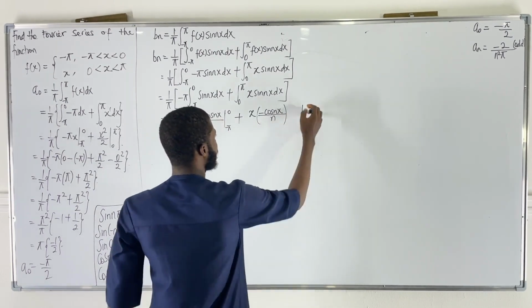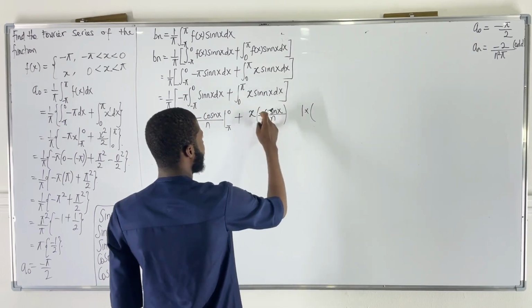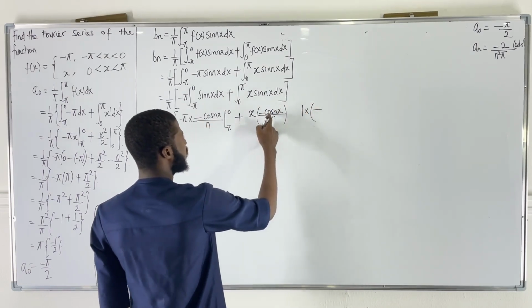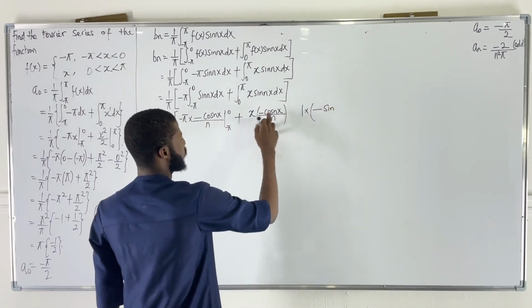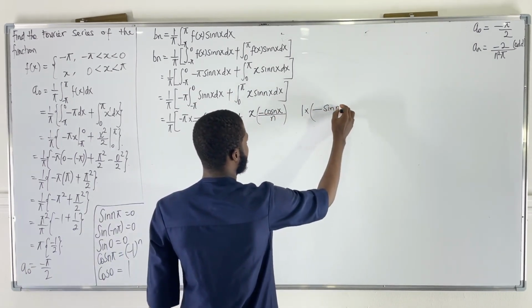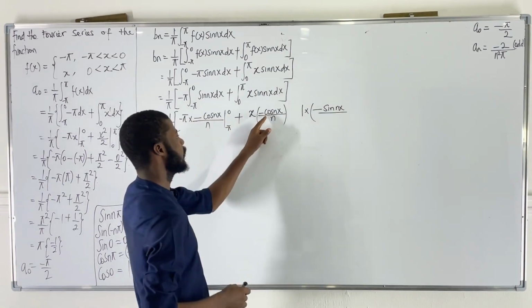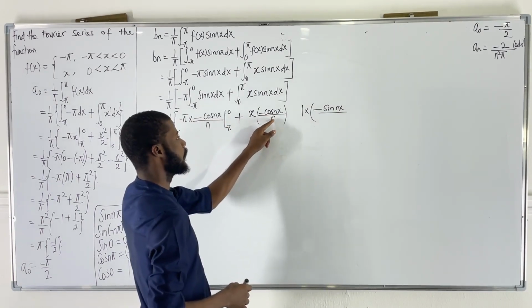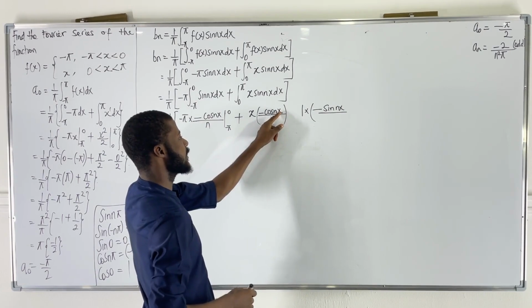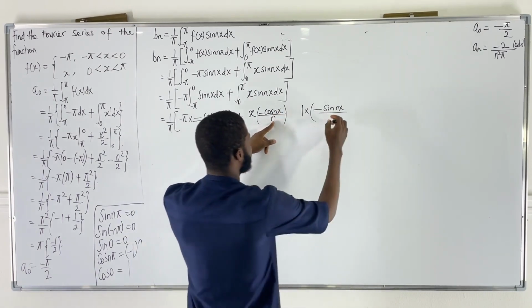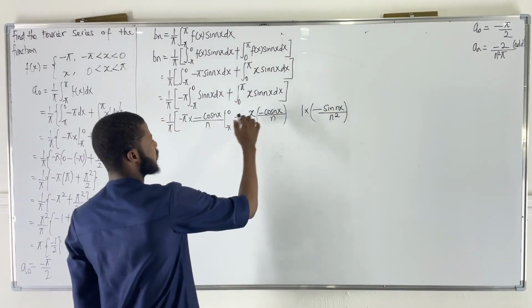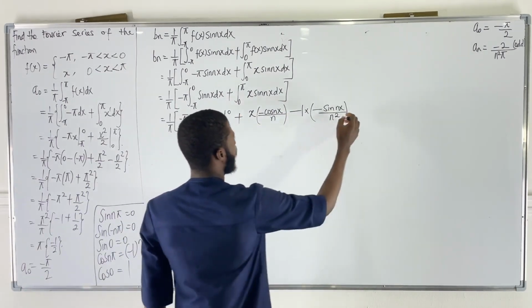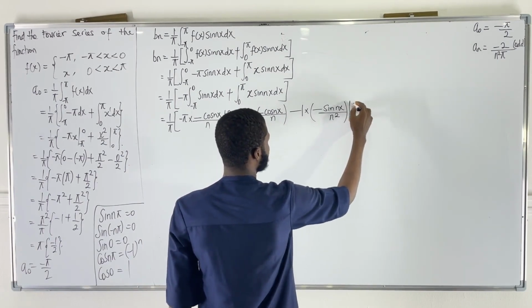So integrating this bracket again, write your minus first. When you integrate cosine, you will get sine nx. Then remember that there has been an over n before. So if you differentiate this nx and get n, that n will come and meet this n to make it n squared. And the sign for this is plus and this will be minus. And the interval is 0 to pi.